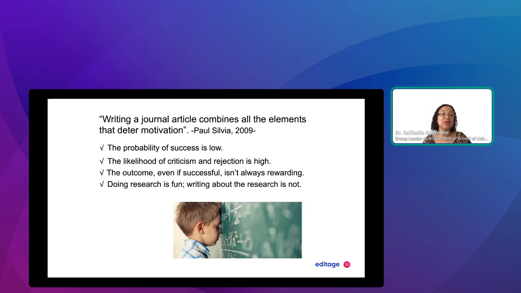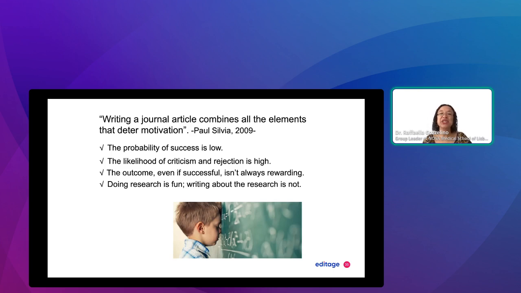Remember that it is one discovery that is actually published. You can never discover things over and over again in the same research field and the same experiment. So you make your discovery and then it's done, and that is published, right? So the outcome, even if successful, is sometimes not very rewarding for students, because there is a lot of effort that they need to put into having that study published.